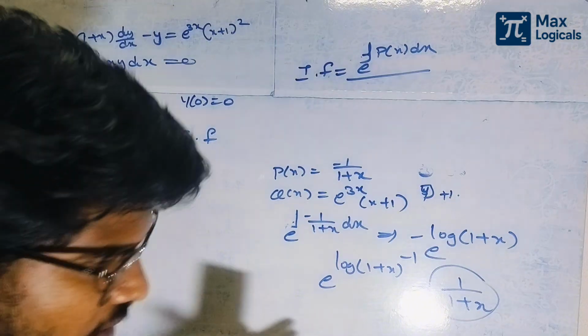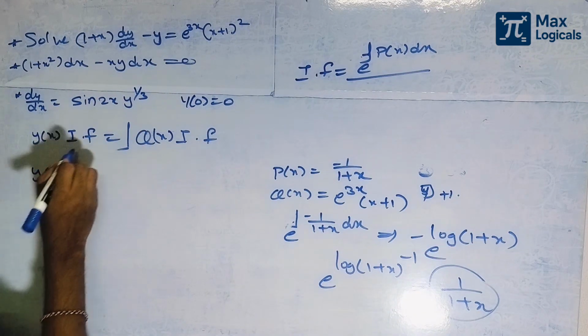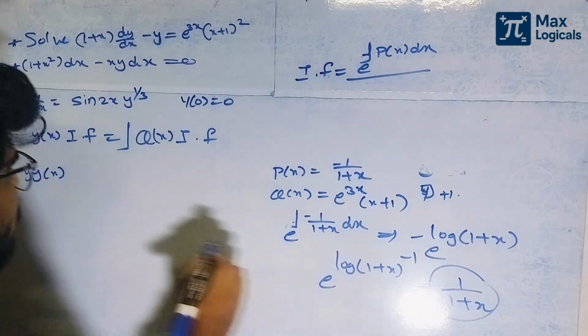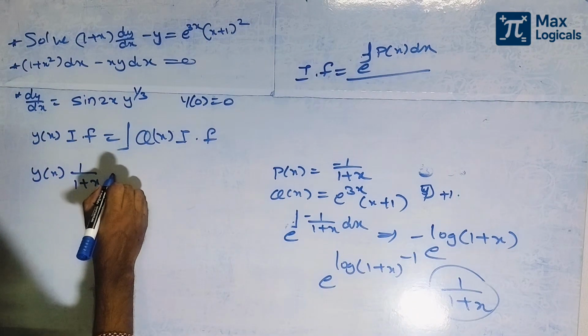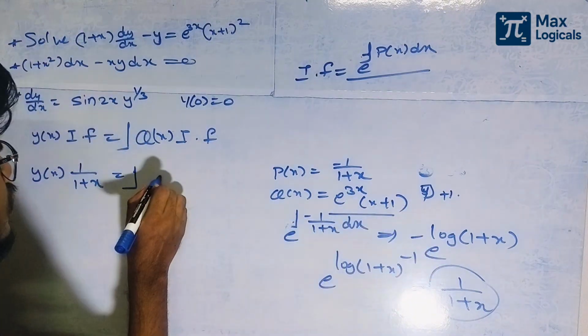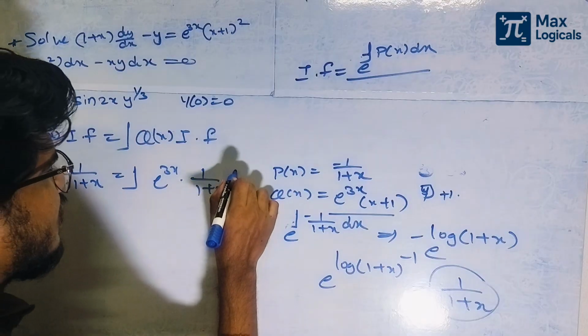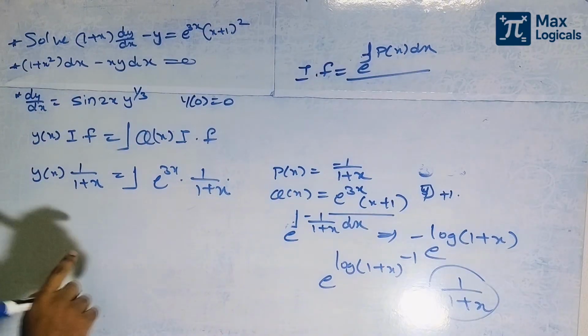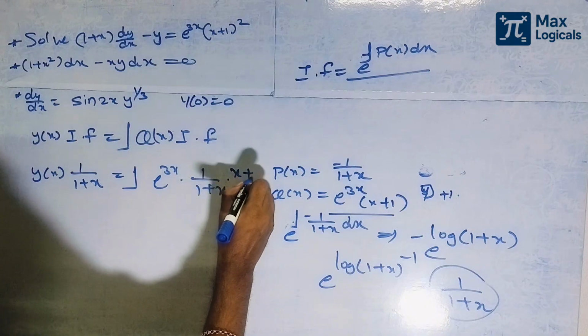Now substitute all these values: y times 1/(1 + x) equals the integral of q(x) times the integrating factor, where q(x) = e^(3x) (1 + x) and the integrating factor is 1/(1 + x). So the integrand is e^(3x).